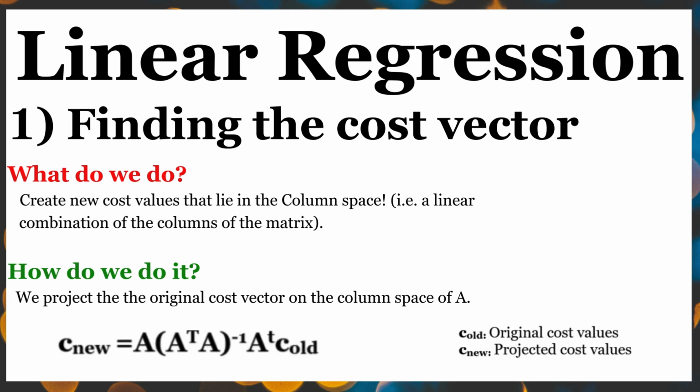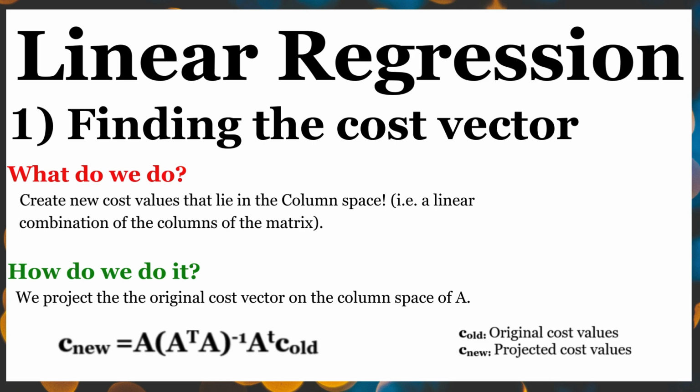The new cost vector, or C new, is equal to A times (A transpose A) the whole inverse times A transpose times the old cost vector, or C old. Over here, A is the same matrix that contains the b, f, and 1 column vectors. To understand how we came to this equation, you can watch parts 4 and 5 of this series. I'll add a link to them in the description box.